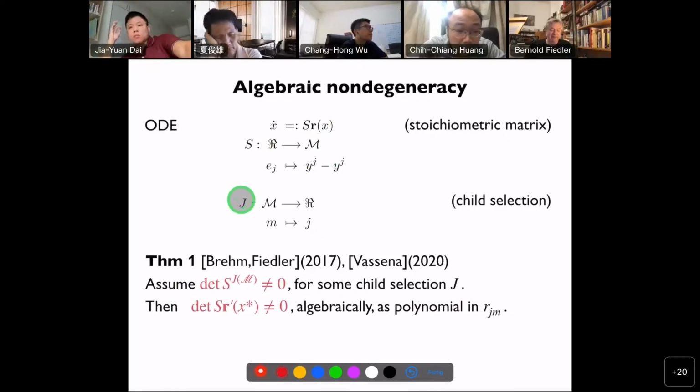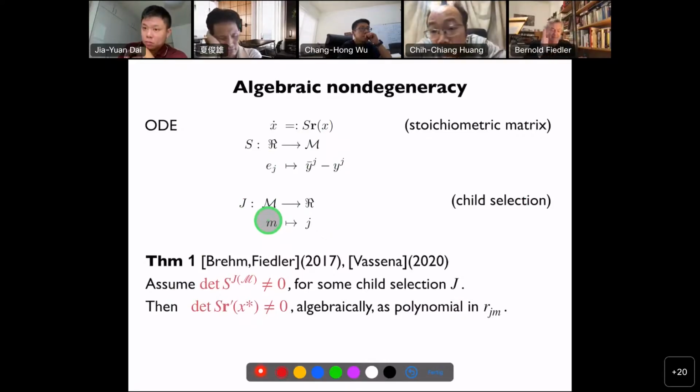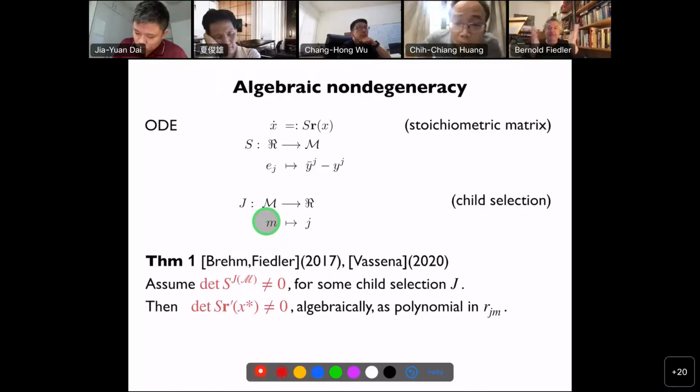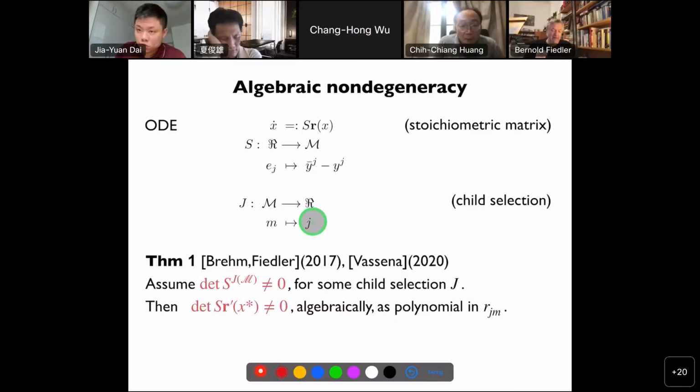And then there is a new object which we call child selection. A child selection is a map from the set of metabolites, 1 to capital M, so this is a set of M integers, the integers from 1 to capital M, to the reactions, that's the edges in my reaction graph.